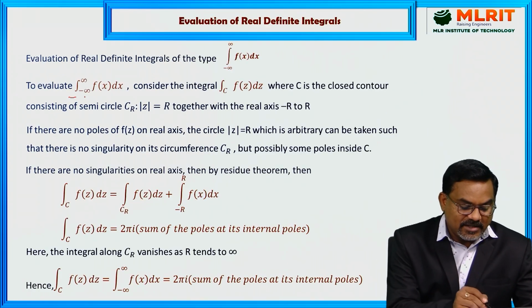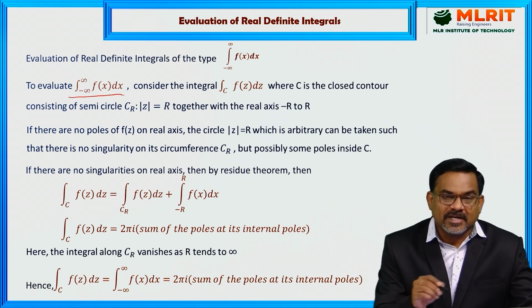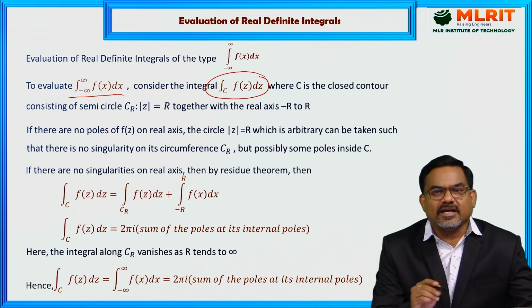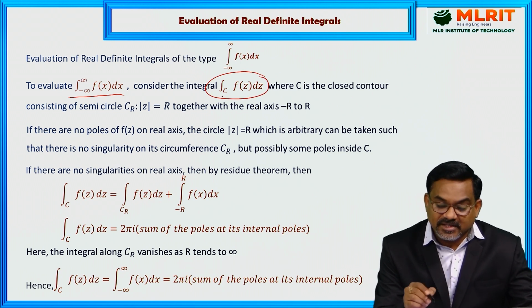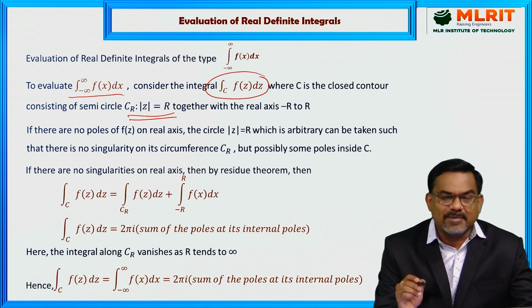Coming to the method of evaluation. To evaluate the integral f of x dx from minus infinity to plus infinity, let us consider an integral f of z dz along a curve C, where this curve C is the closed contour consisting of a semicircle.